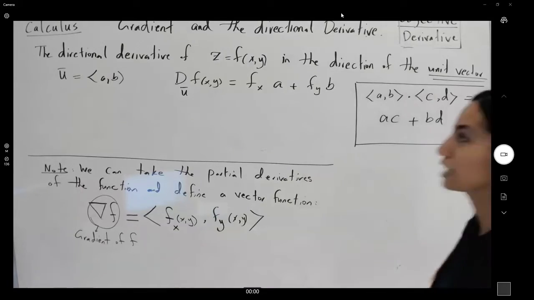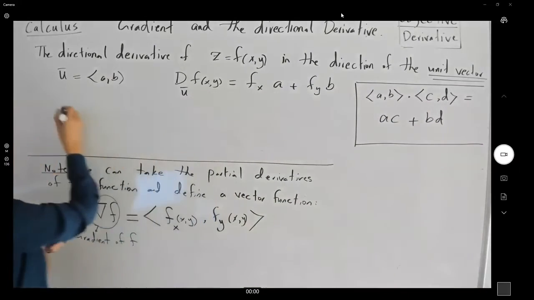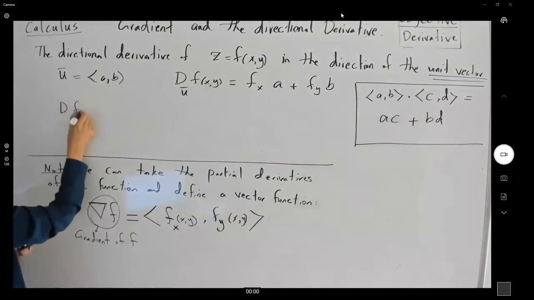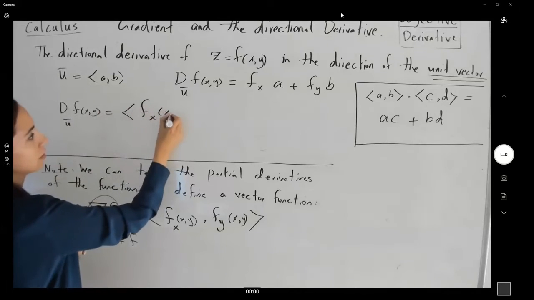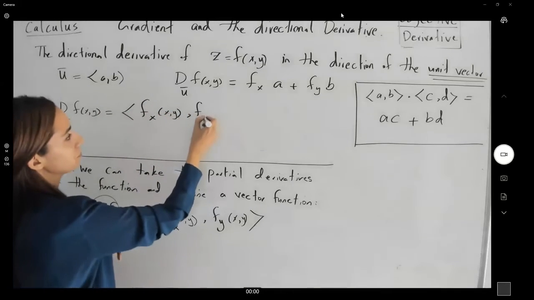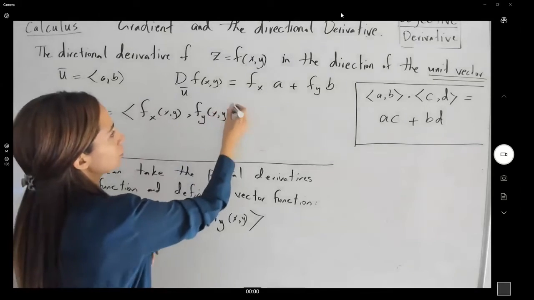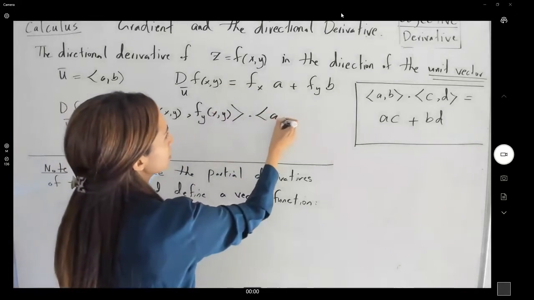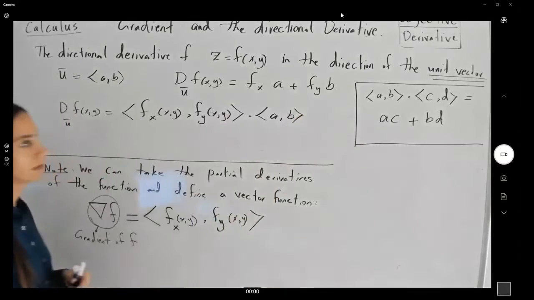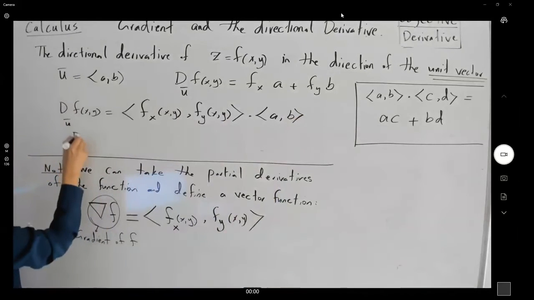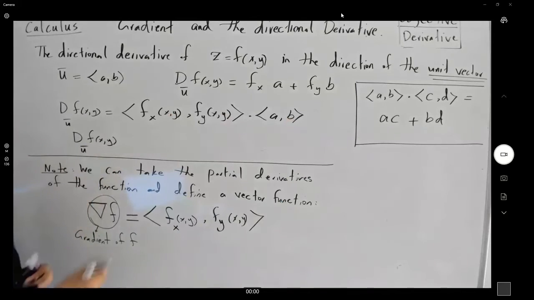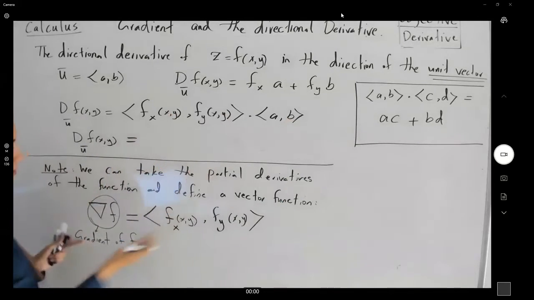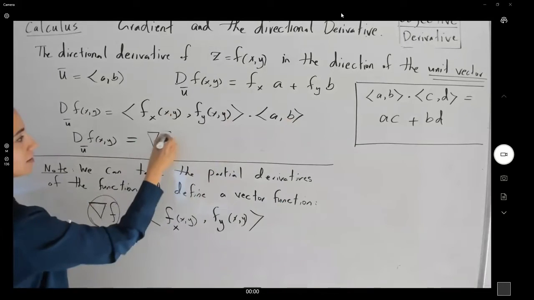Remembering from elementary calculus, we can write the directional derivative as the gradient function dot product with the unit vector a and b, or the directional derivative of f in the directional vector u is the gradient that we just defined dot u.